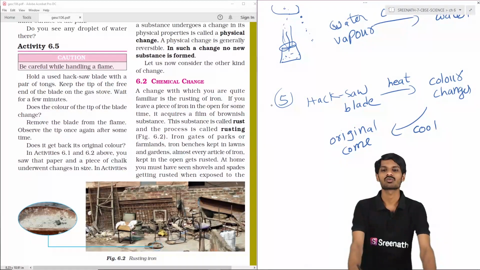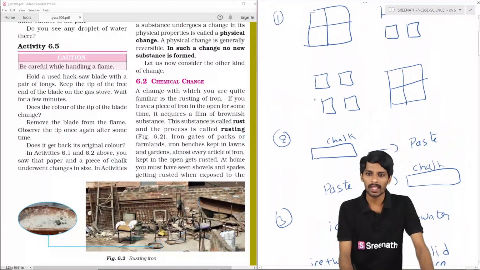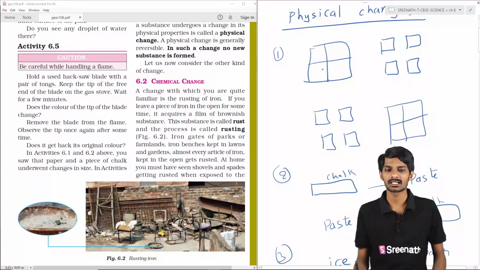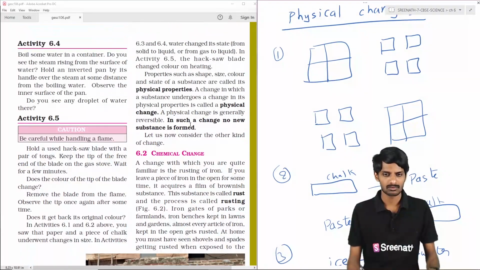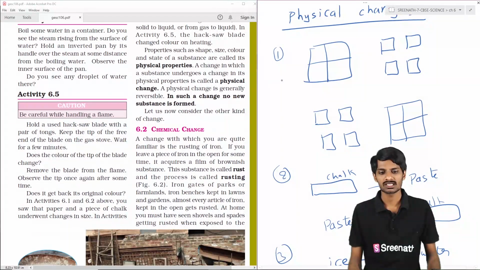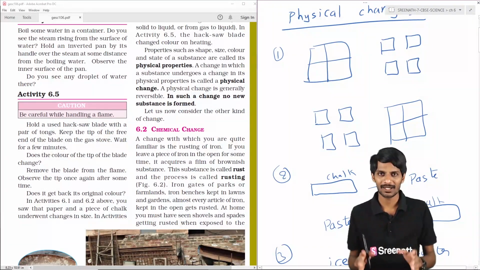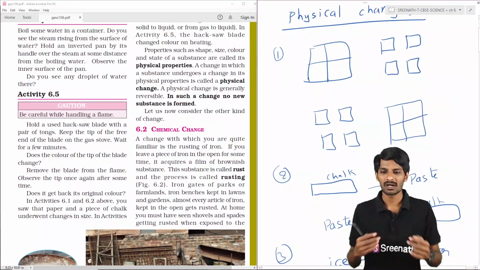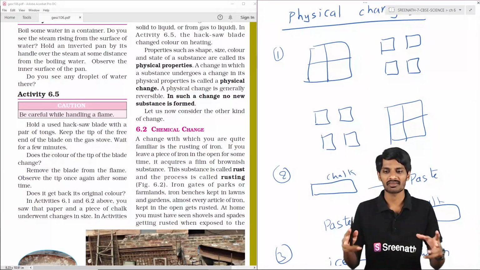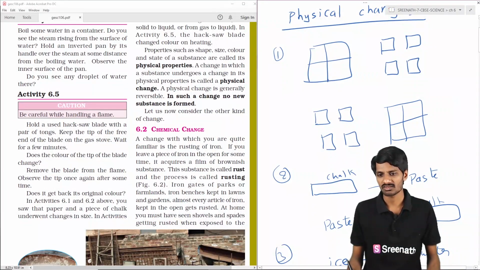So students, we have seen the 5 examples. First, we cut the paper into 4 pieces, but we can't get the original paper after joining all the square pieces.